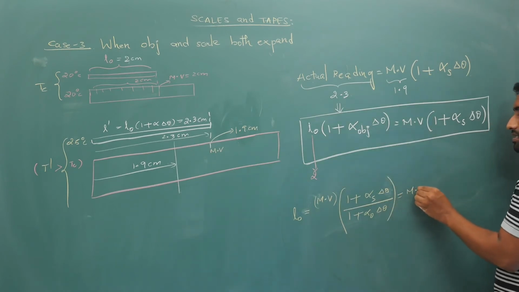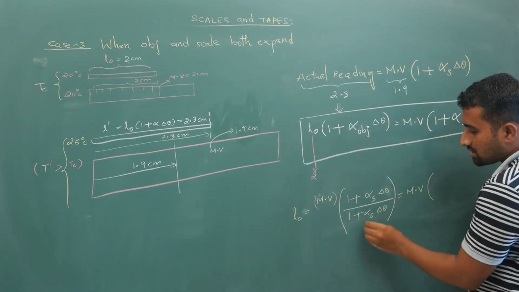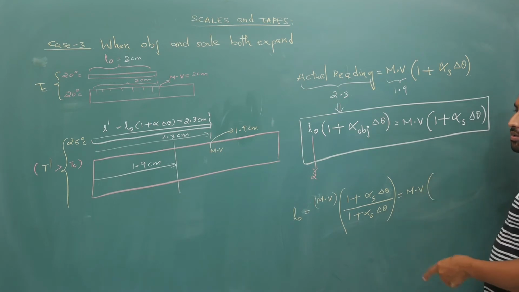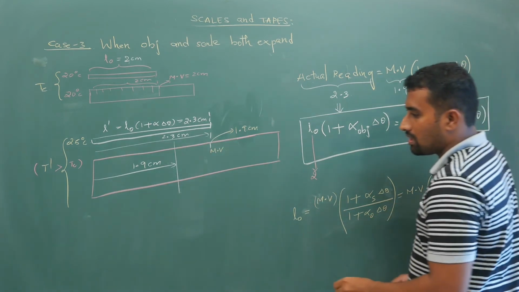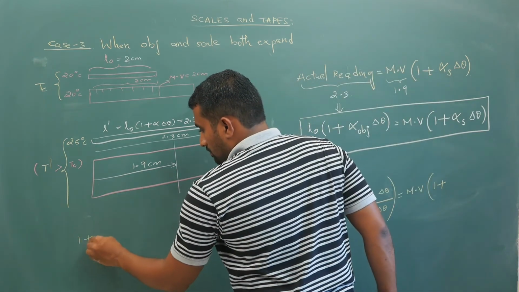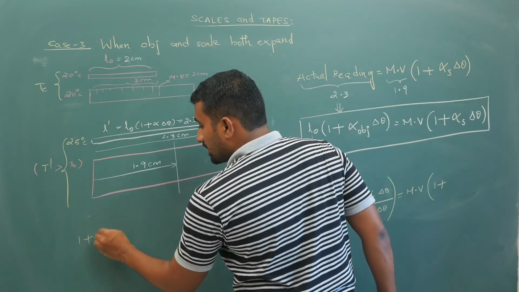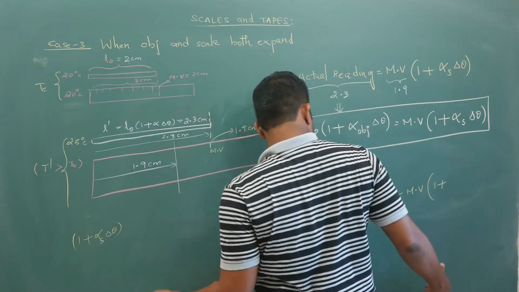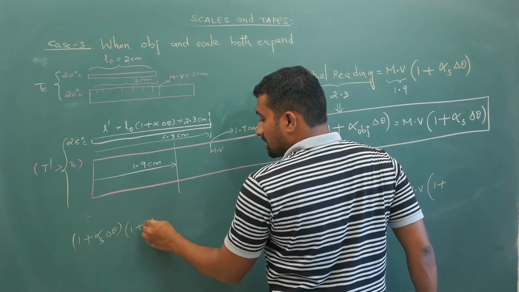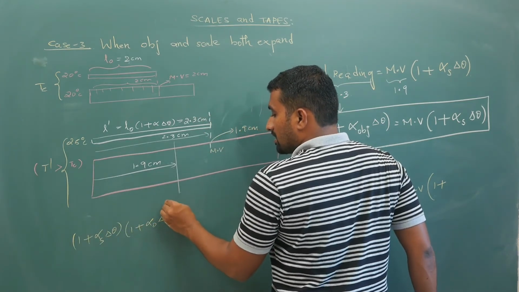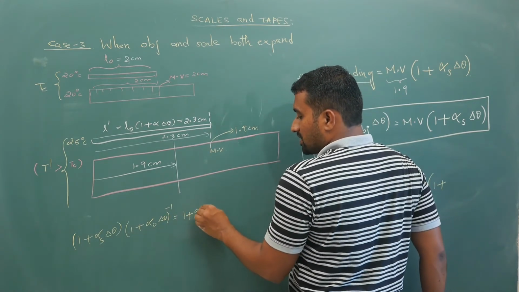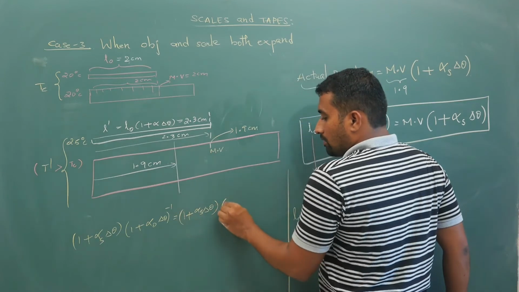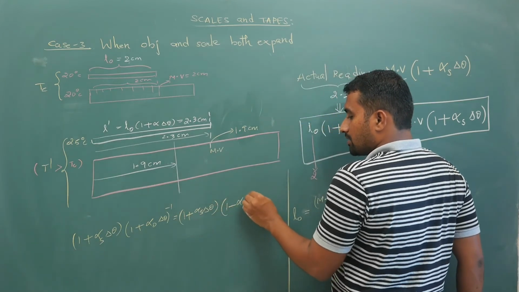So that will give you measured value times, take the denominator to the numerator with power minus 1. 1 plus alpha of object into delta theta power minus 1, if you simplify, becomes 1 minus alpha of object into delta theta.